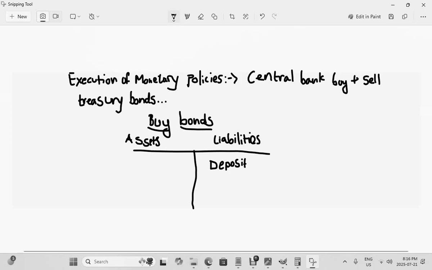And in terms of assets, you have your reserves. This covers both your required and excess reserves, stored in the bank vault, for example. It also covers bonds.